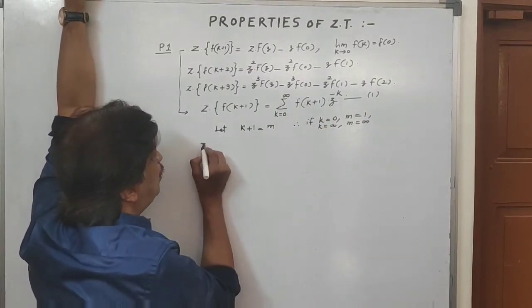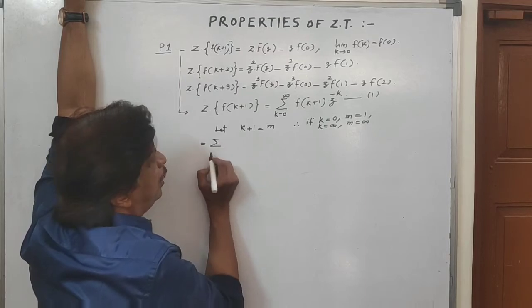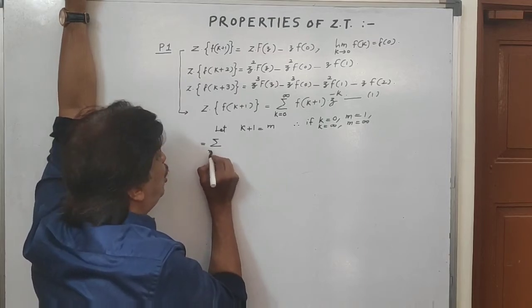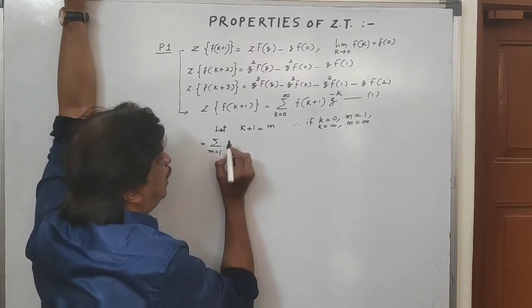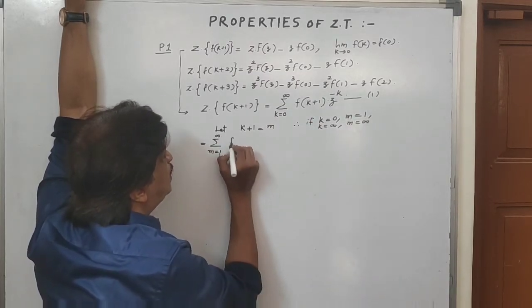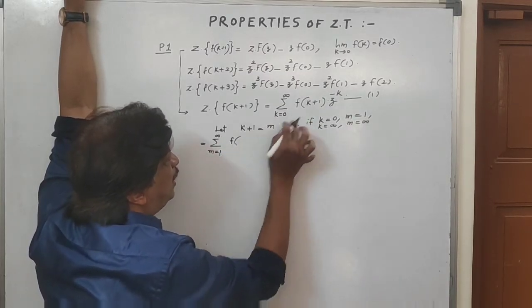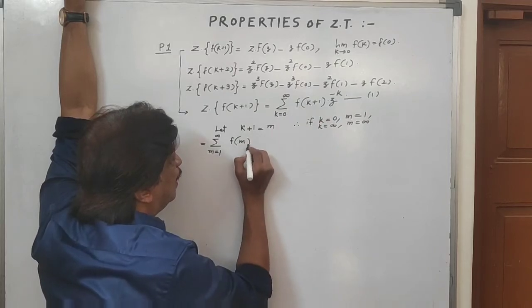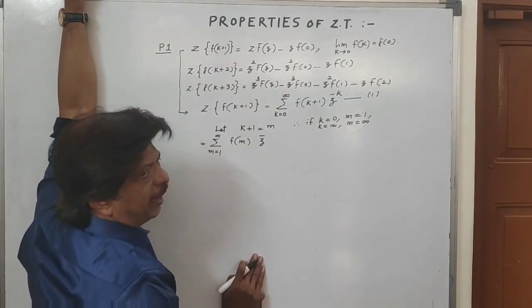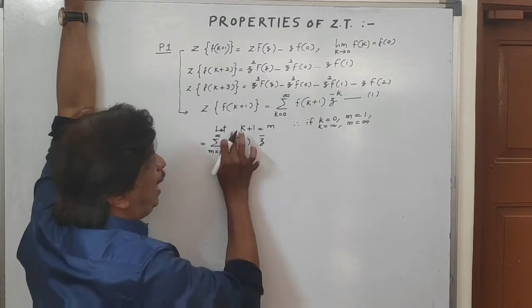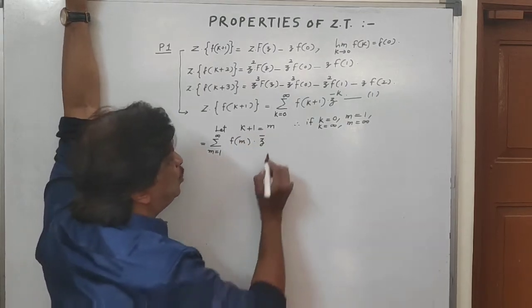So this equation 1 reduces to the sum from m equal to 1 to infinity, since for k equal to 0, m is 1, and for infinity it is infinity, of f of m into z raised to power minus k. Now again replace k by m minus 1 in bracket.